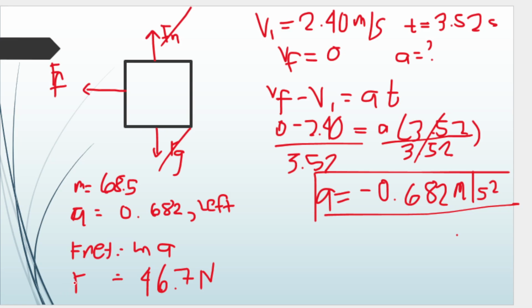Pwede negative 46.7 or pwede po 46.7 going to the left. It means the friction here is 46.7. Okay.